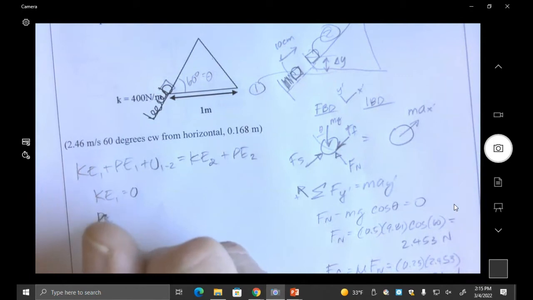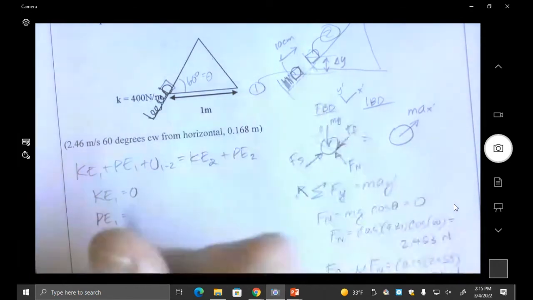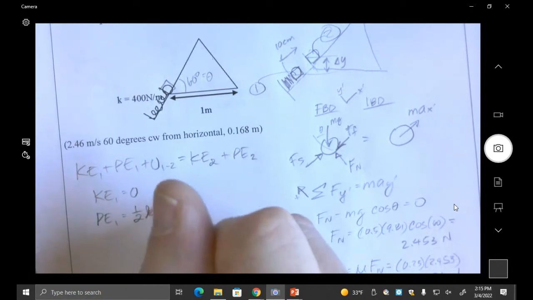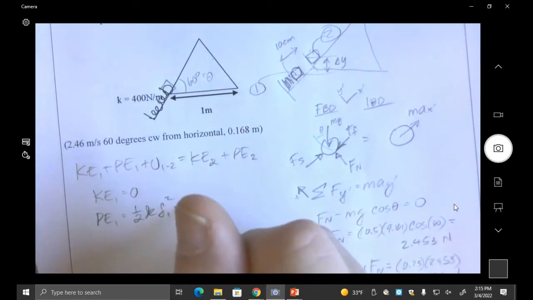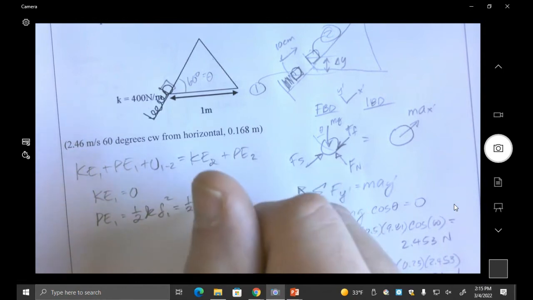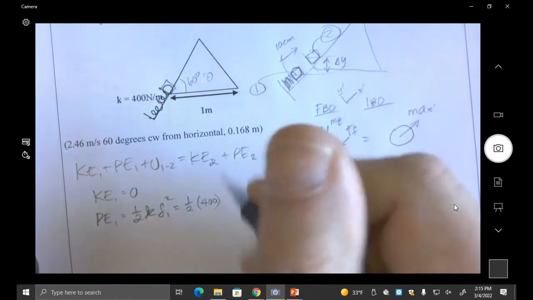The potential energy at 1 is going to be the spring being compressed. And they gave a spring constant of 400 newtons per meter.